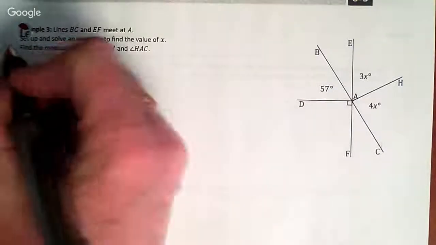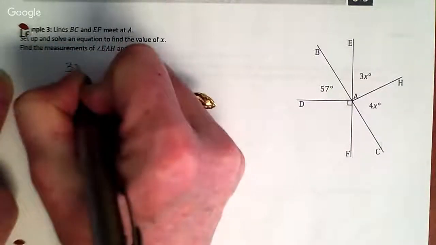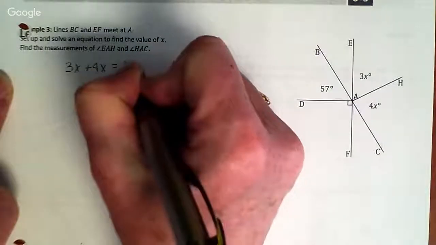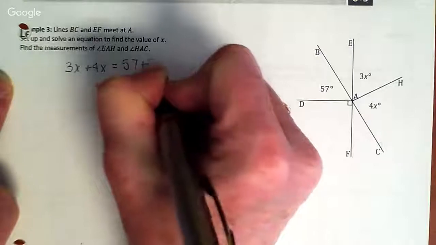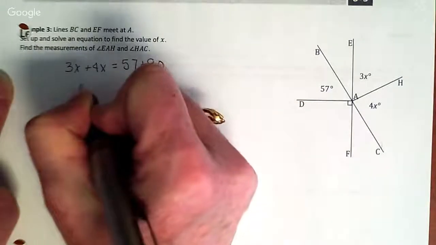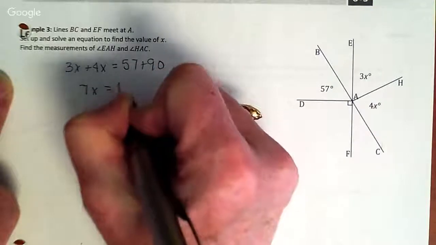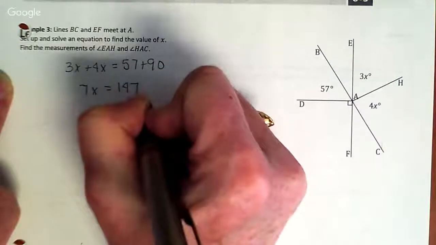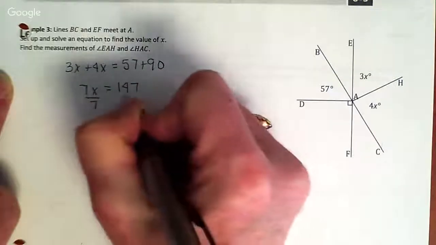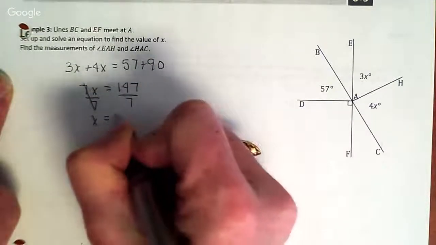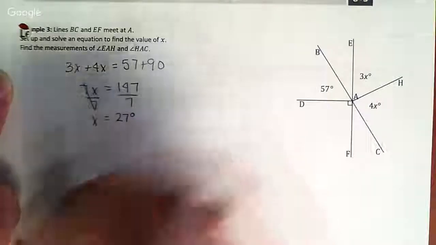So we have 3x plus 4x equals 57 plus 90. So we have 7x equals 147. I can divide both sides by 7. So x is going to equal 27 degrees.